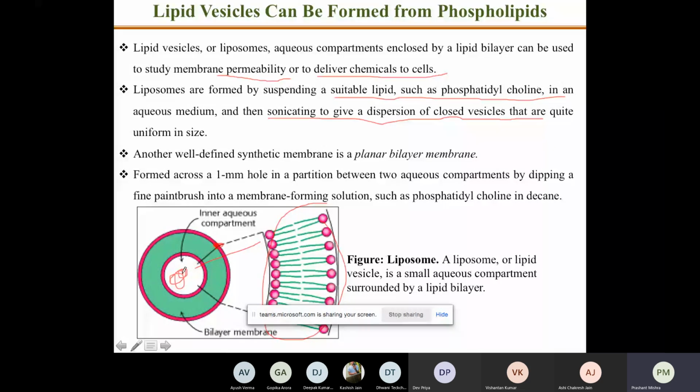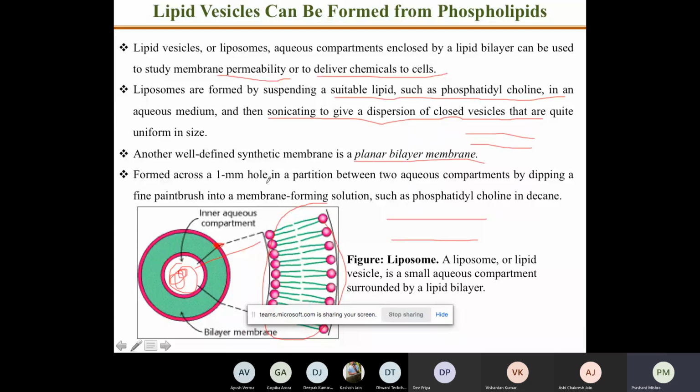Why it is not formed in the case of a cell membrane is because the inner core is very small, so this kind of structure may not exist unless we make a sheet-like structure where the organization is much bigger. Another well-defined synthetic membrane could be the planar bilayer membrane. So instead of a circular layer, you can have a planar layer.